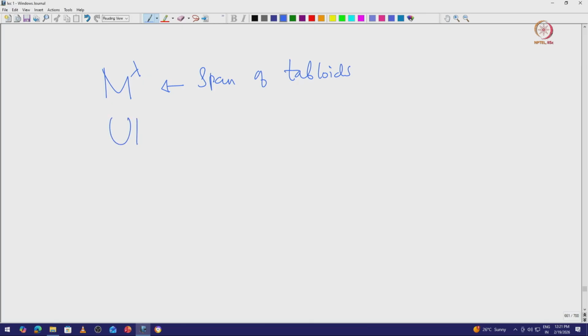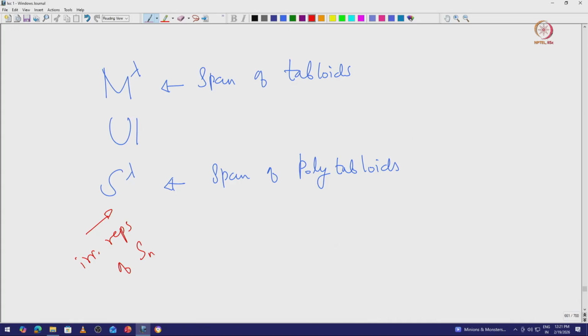Inside this we will have S lambda, which is the span of polytabloids, and this is going to give us the irreducible representations of the symmetric group Sn.